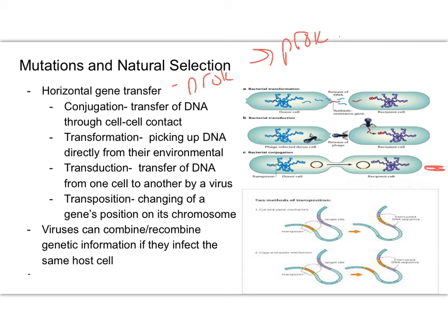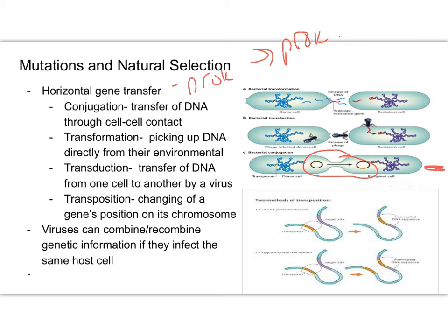We have a transfer of DNA due to cell contact. You can see these 2 bacterial cells, and they're going to transfer some DNA through those plasmids. Remember, plasmids are those little circular pieces of DNA, and they can transfer those plasmids from bacterial cell to bacterial cell. So that would increase some variation.